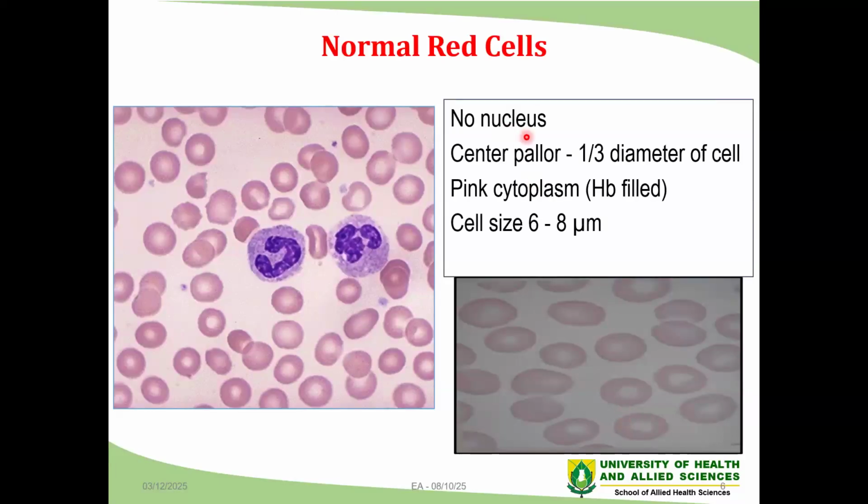So, like I mentioned earlier, the matured red cell has no nucleus. Rather, in the place of the nucleus, or in the center of the red cell, there is this hollow, which we call the pallor. And that pallor, under normal circumstances, is supposed to occupy about 1/3 the diameter of the red cell. And the rest of the space within the red cell is filled with hemoglobin.